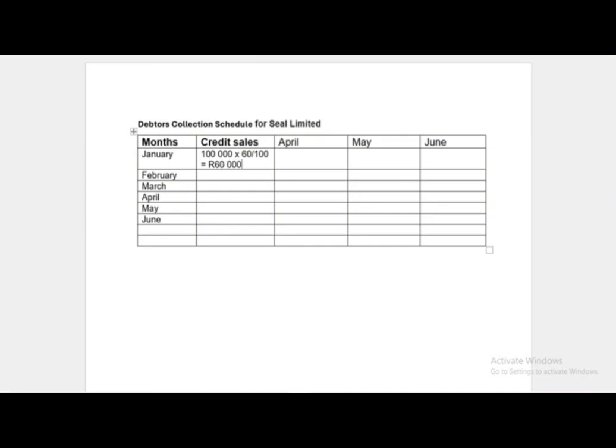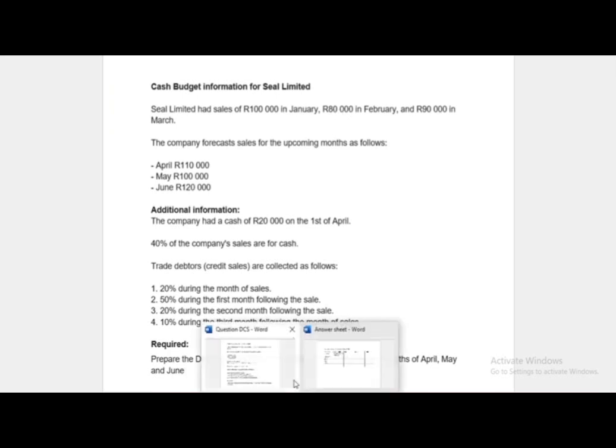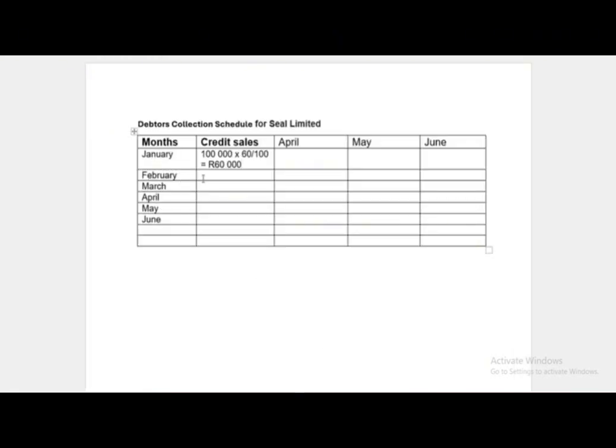All right, and then let's calculate the credit sales for February. The total sales in February is 80,000. So we go to our answer sheet and say 80,000 multiplied by 60 out of 100.